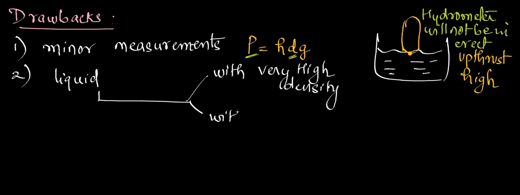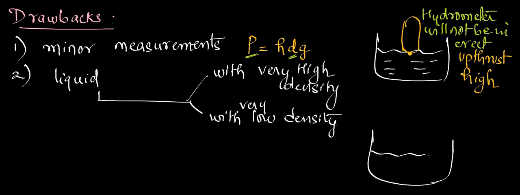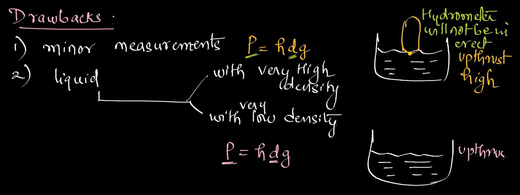Now what if you take a liquid with very low density? What will be the problem? Let us take a liquid this time which has very low density. Same pressure formula, depth into density into gravity. This time density is very low, so pressure also will be very low, right? That means what will be the upthrust provided by the liquid?